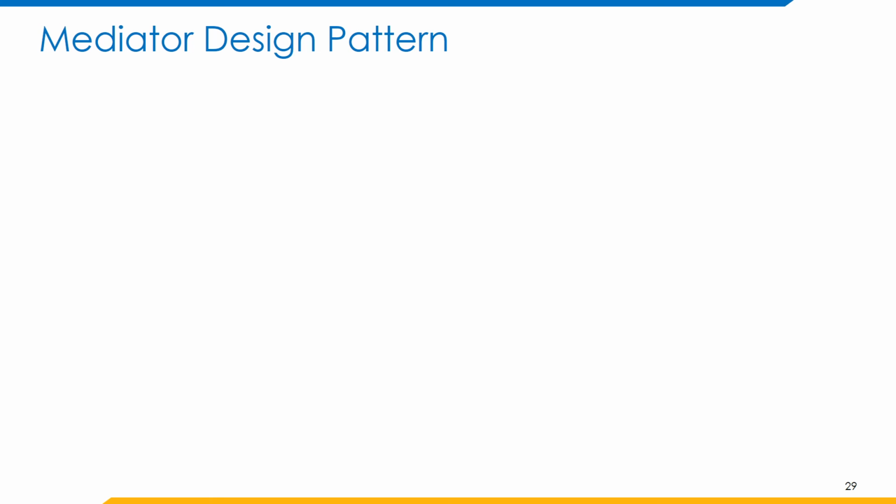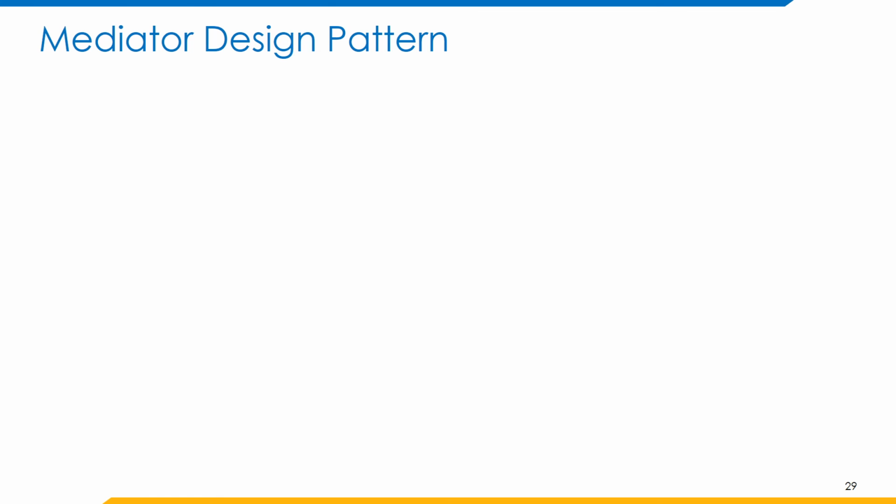To remove this complexity, the mediator design pattern was introduced. With the help of this design pattern, we will create a common object. There all the objects will share data and get data from that object.